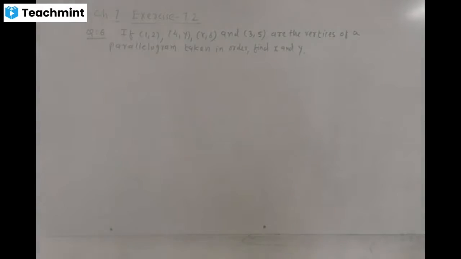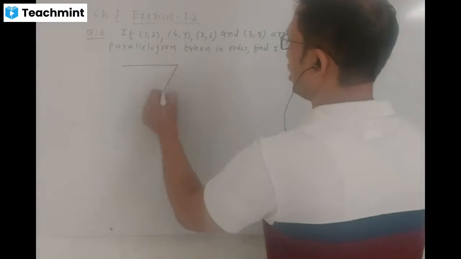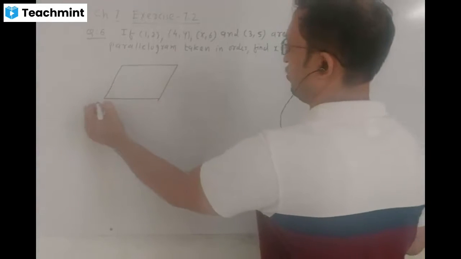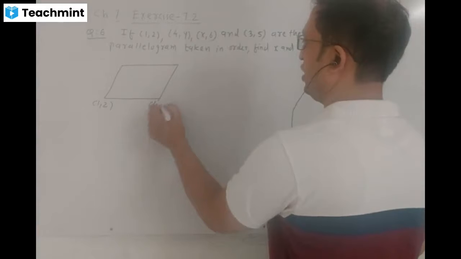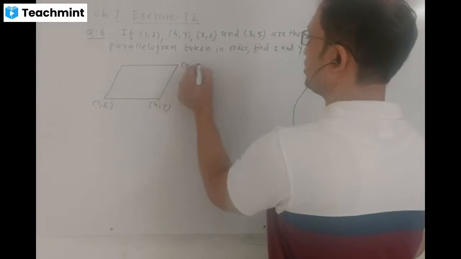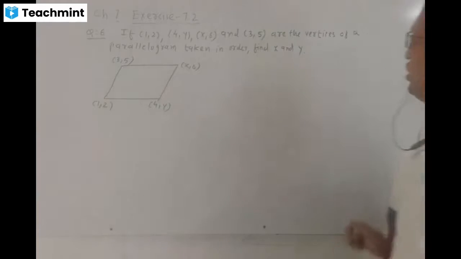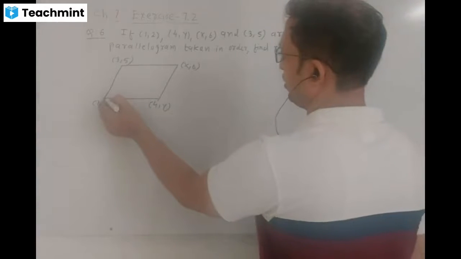See, if (1, 2), (4, y), (x, 6) and (3, 5) are the vertices of a parallelogram taken in order, find x and y.